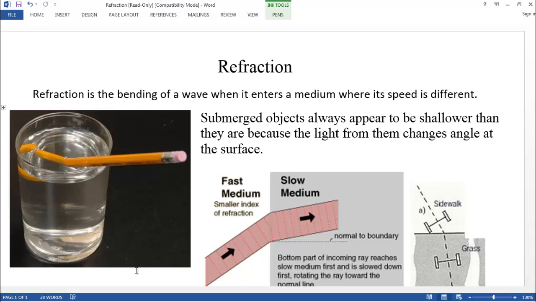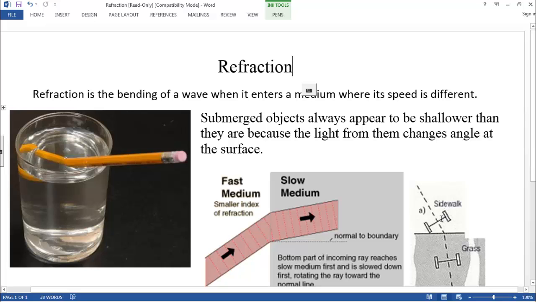One way to understand refraction is to look over here on the right, where you have two wheels connected by an axle, and this axle-wheel assembly is driving on a sidewalk, and as it strikes a grassy surface, the wheel on the left hits the grass first, and because there's more friction, it slows down.